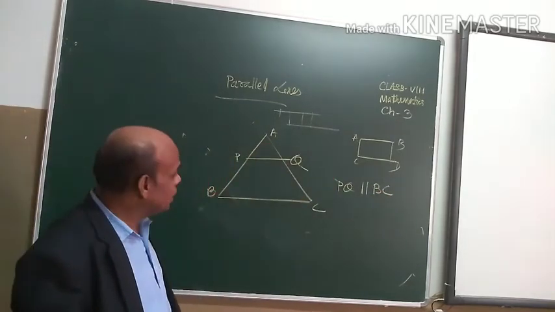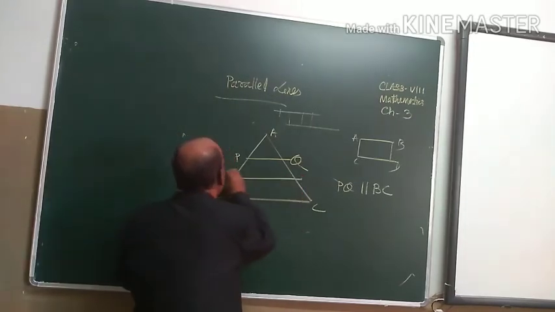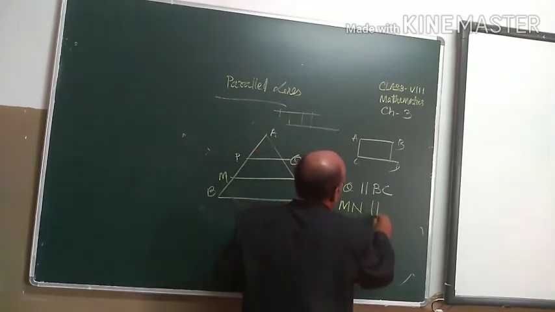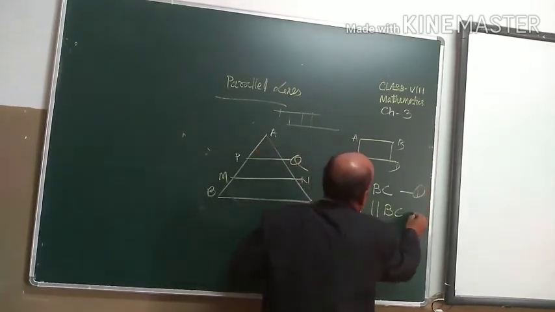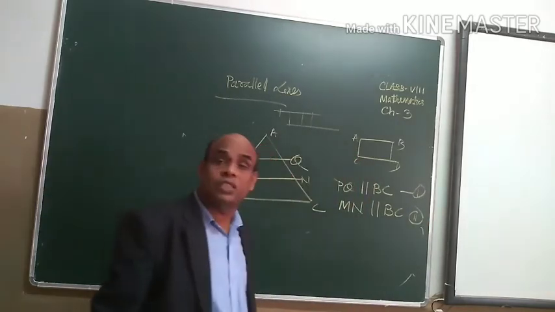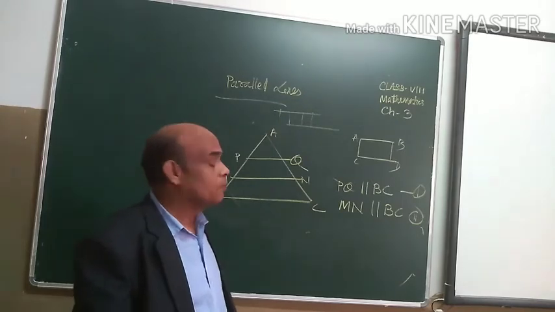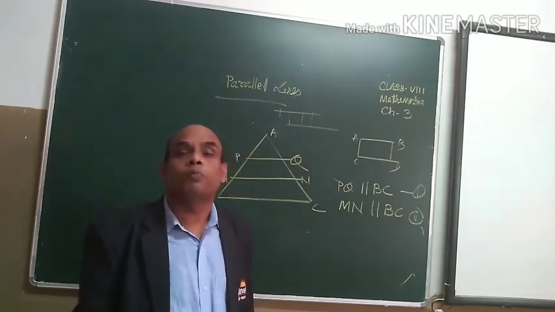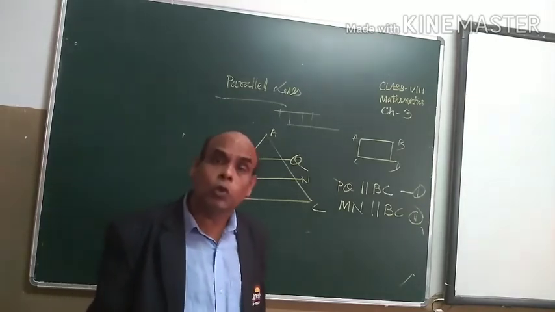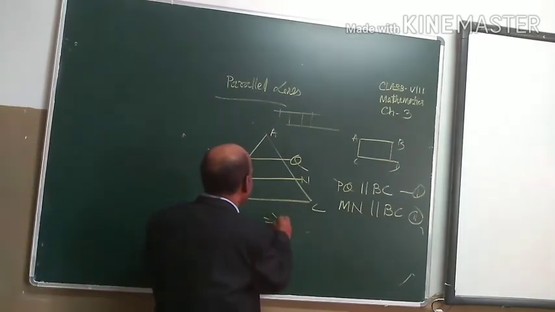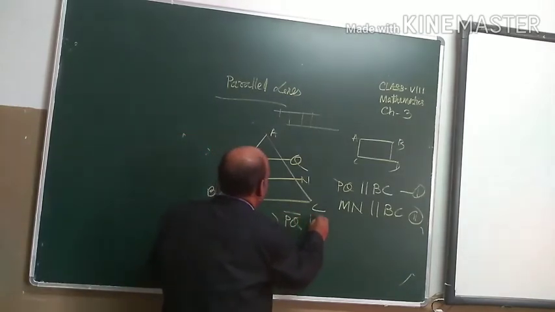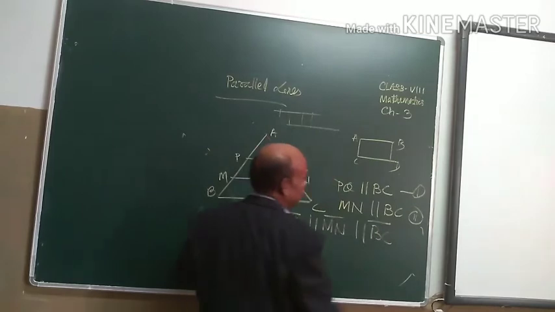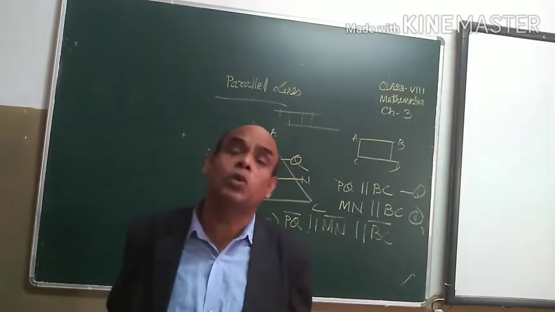Another line, I will suppose MN, also parallel to BC. Equation 1 and equation 2. First equation is PQ parallel to BC, and second equation is MN parallel to BC. So from equations 1 and 2, it is clear that we can say PQ is parallel to MN, which is parallel to BC. It means each is parallel to the others.